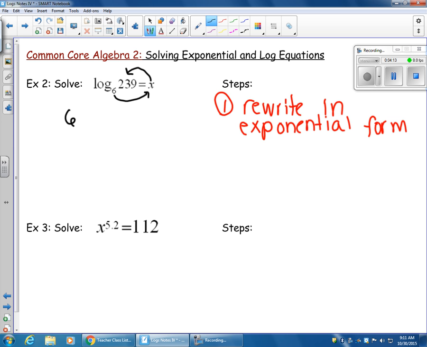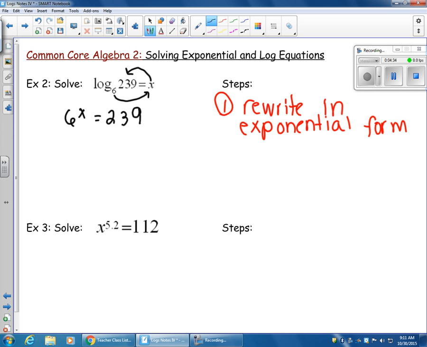So 6 to the x equals 239. Now it's just like the first problem that we did, right? So it seems weird. It was in logarithmic form. We rewrote it in exponential form.